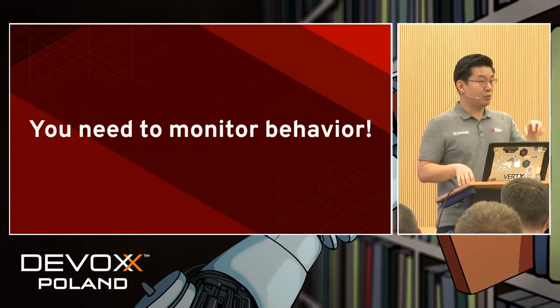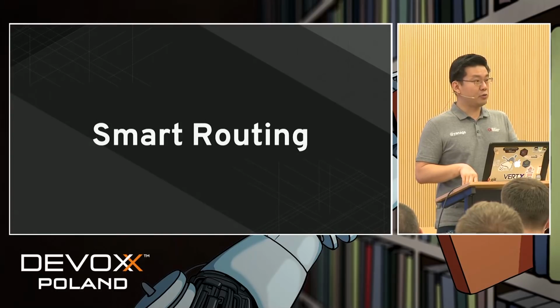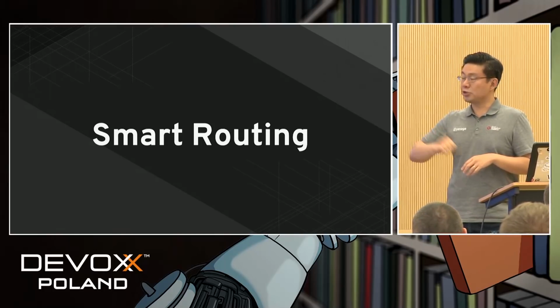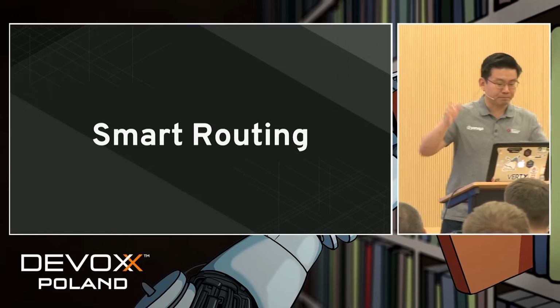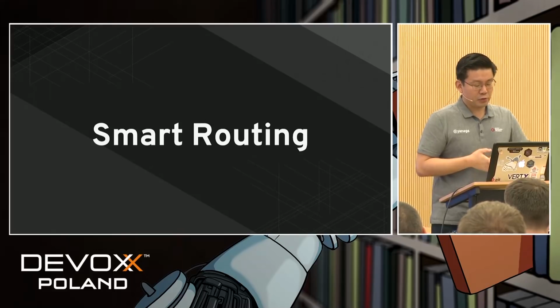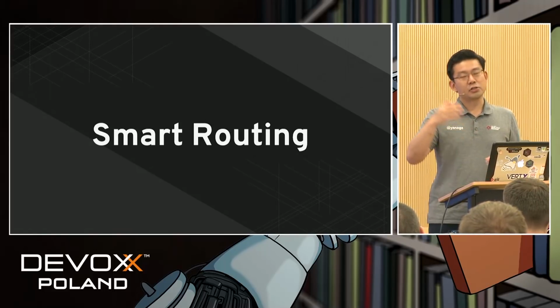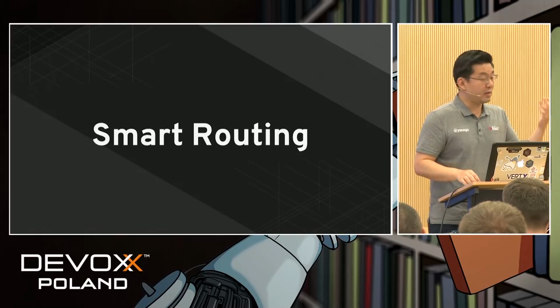I won't dig into the monitoring part, but I'll dig into how you can switch and flip your implementations for A/B testing. So the first approach, if you have feature branches, for doing this kind of A/B testing is using smart routing. So if you want to perform smart routing, you need a smart router.